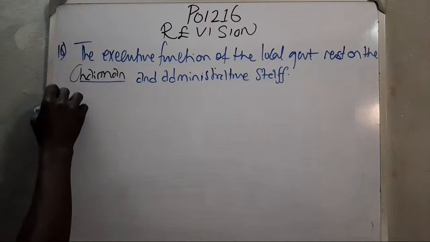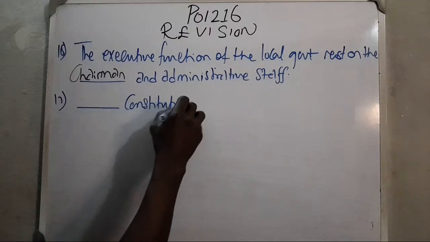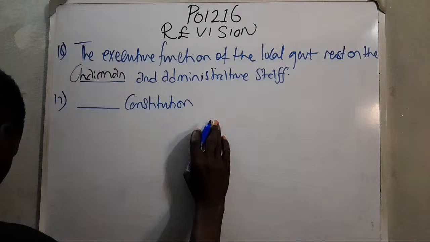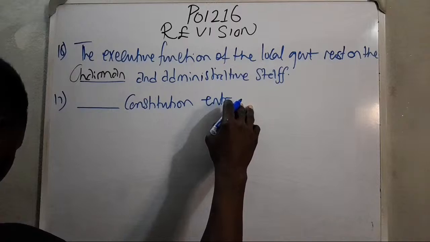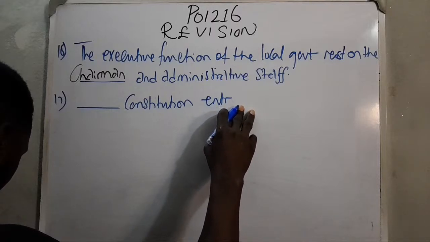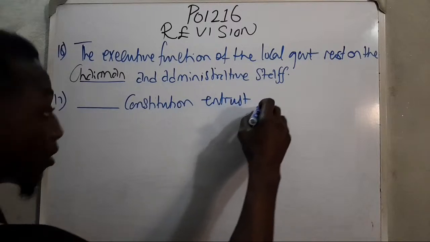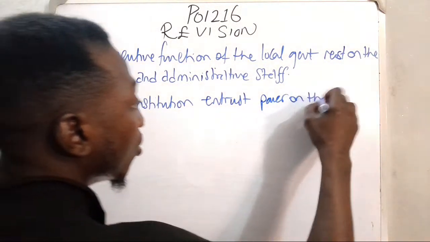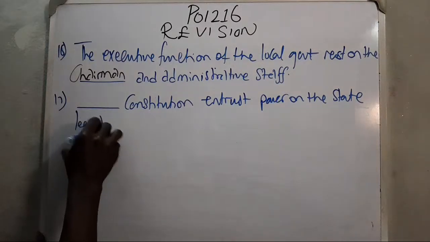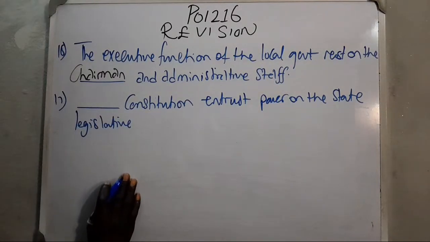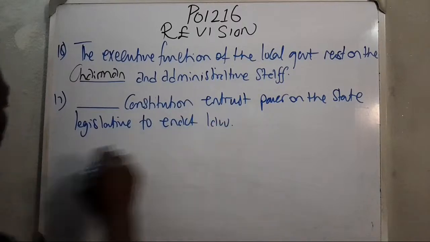Now, question 17. Dash Constitution entrusts power on the state legislative to enact law.